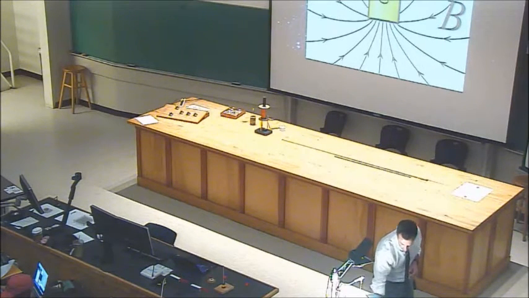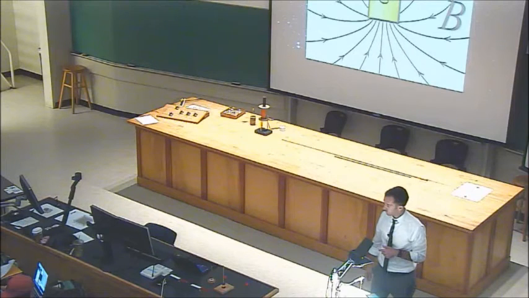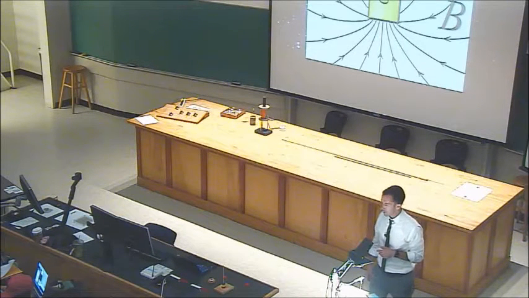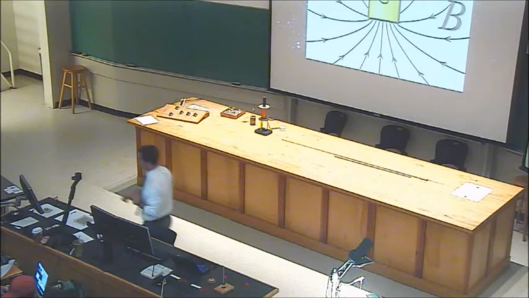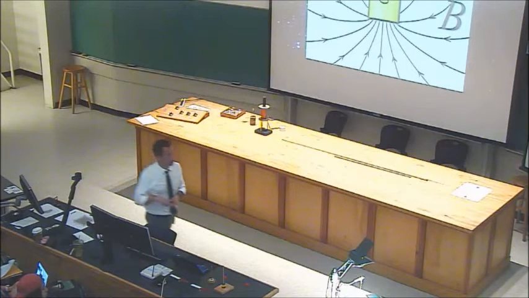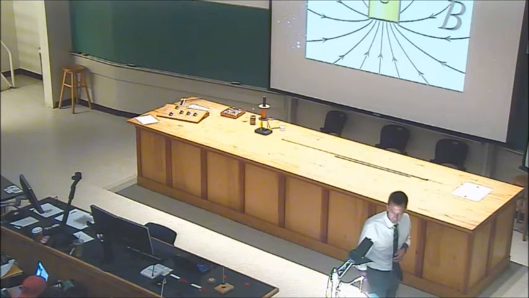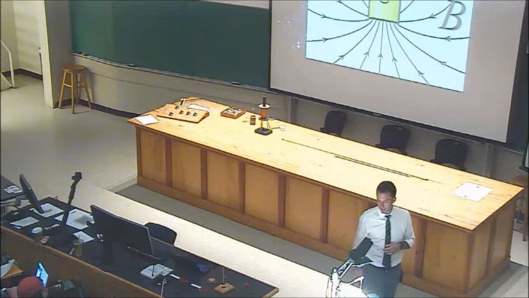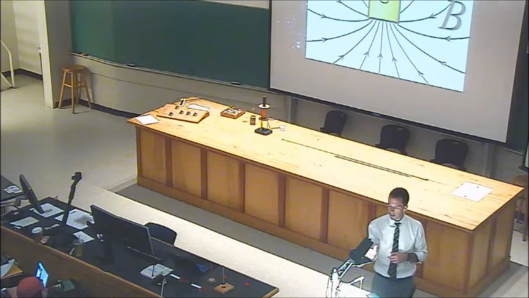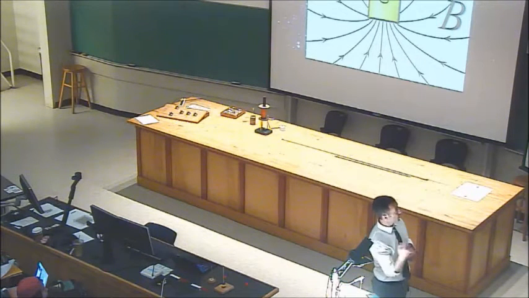Now, let me try another example. I'm wondering if this will work. Okay, right now my current is not on, so you can see that compass needle. This might work. I haven't tried this yet. So I'm concentric around that wire.